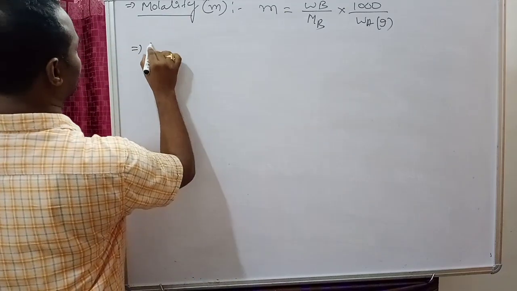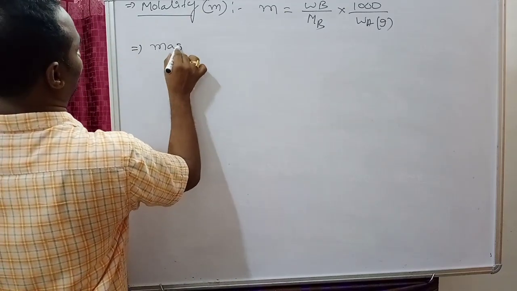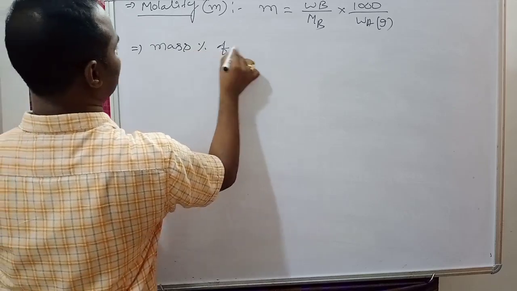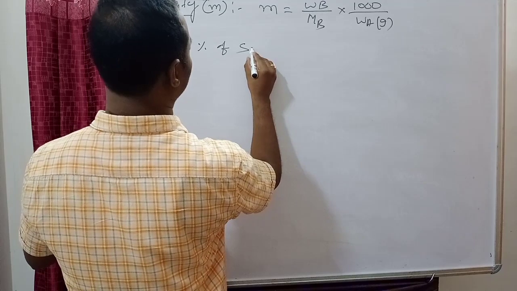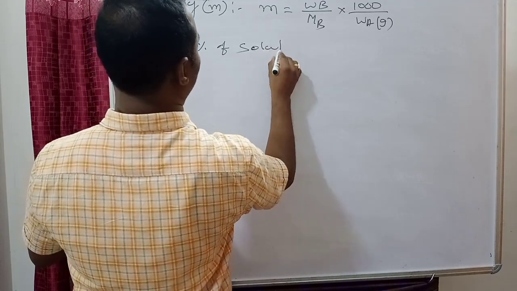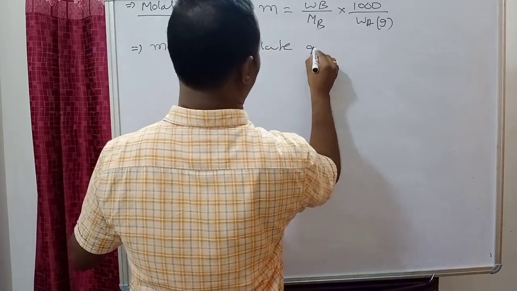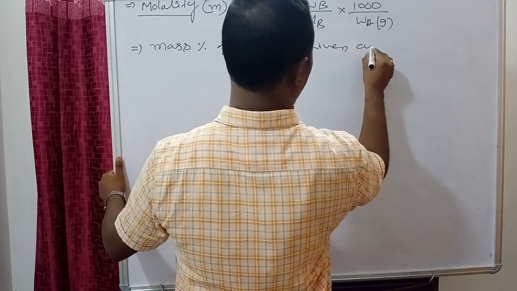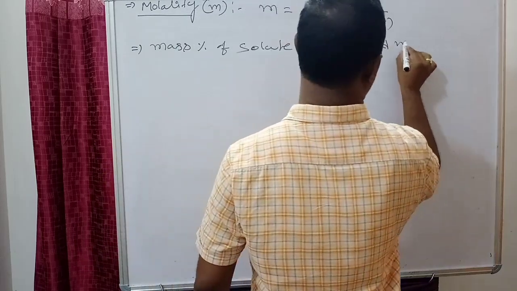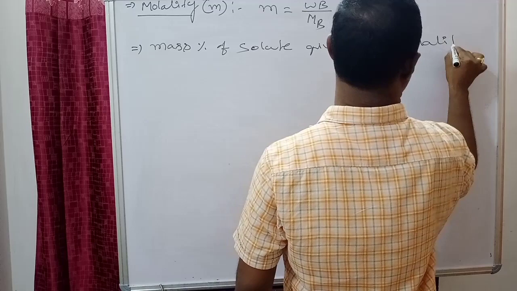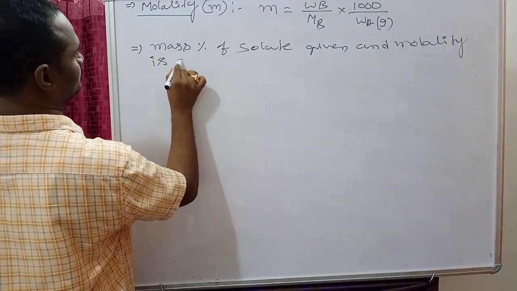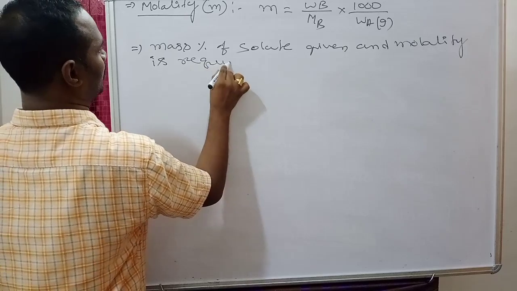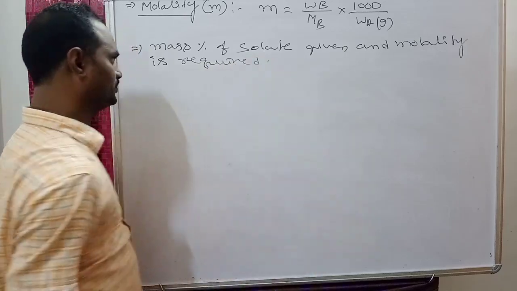Suppose the mass percentage of solute is given and molality is required. What do we have to do?